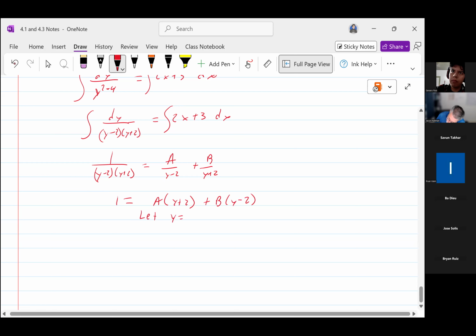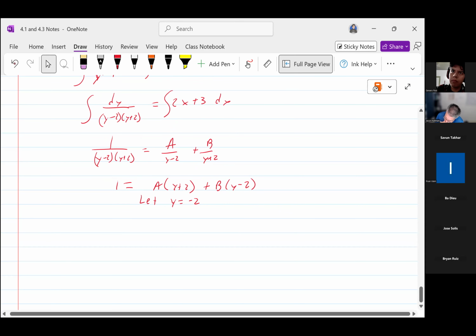Let y equal -2. And we get 1 is equal to -4B when I plug that in.